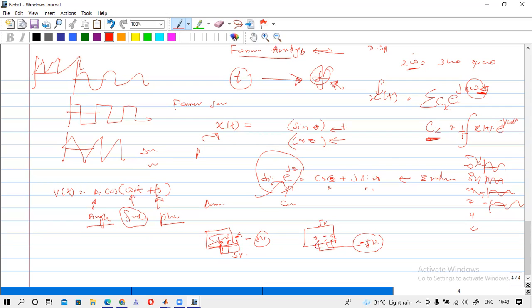If you connect this terminal directly to the minus terminal, what happens? It will short circuit, so don't connect like that. Please remember that you have to connect to the ground port, not to the minus port.